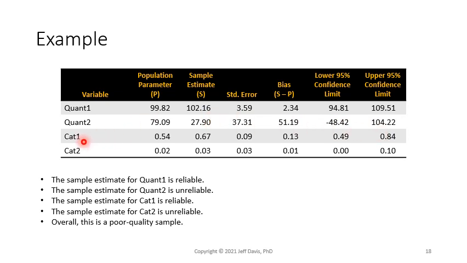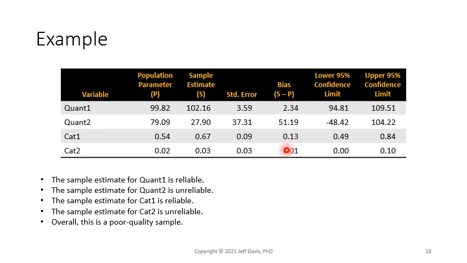So for CAP 1, we meet both conditions. Our sample estimate is 0.67. Our standard error is 0.09, so it is much smaller than 0.67. That's good. It means that if we were to go back into the population and get more and more samples, we would get something in this range, but we could possibly pick up 0.54.